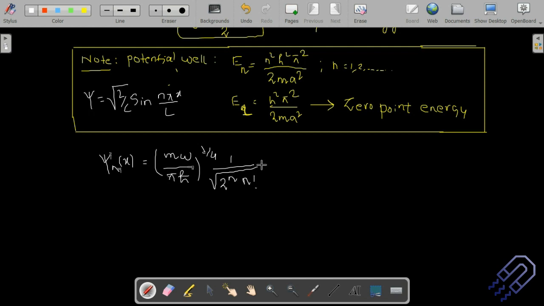This is a bit complicated. This is your harmonic polynomial H n of x, times, if we solve and simplify it, e to the power minus beta x square divided by 2. So this is the wave function that is important to remember.